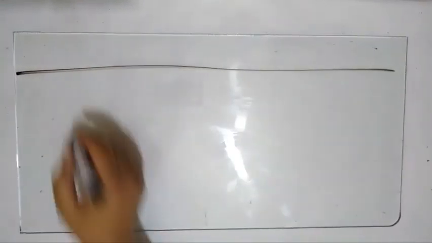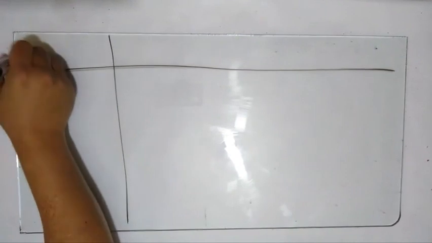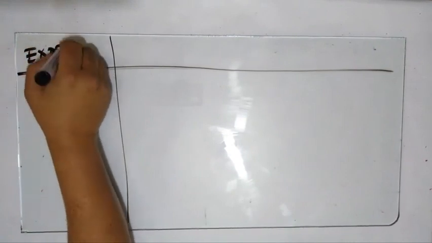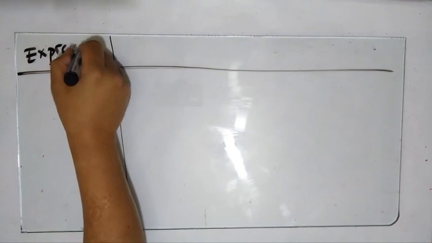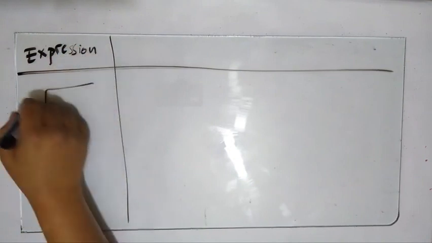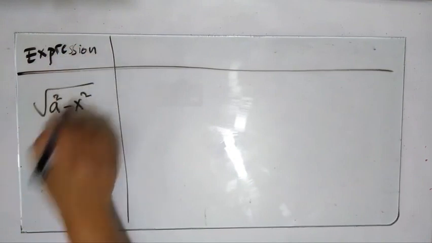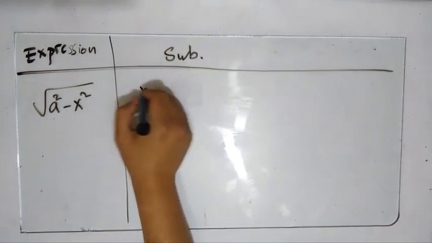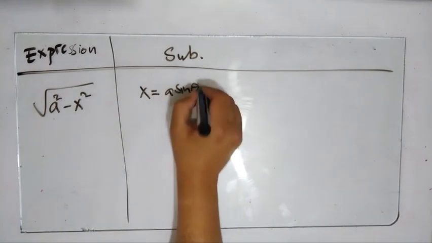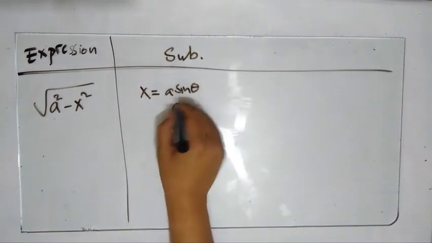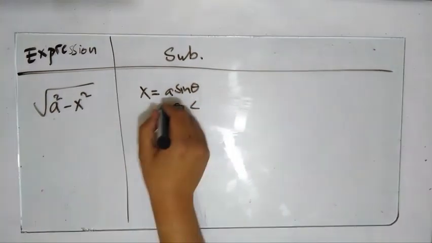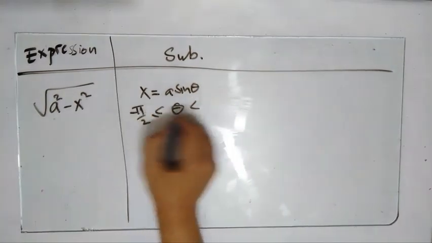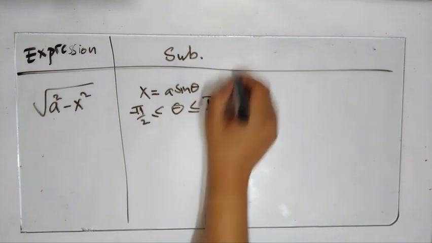Now let's give a brief summary of what we have done up to now. Consider that you have this expression, which is the square root of a squared minus x squared, and so you have to use this substitution, which is x equals a sine theta, where theta is restricted between negative pi over 2 and pi over 2.